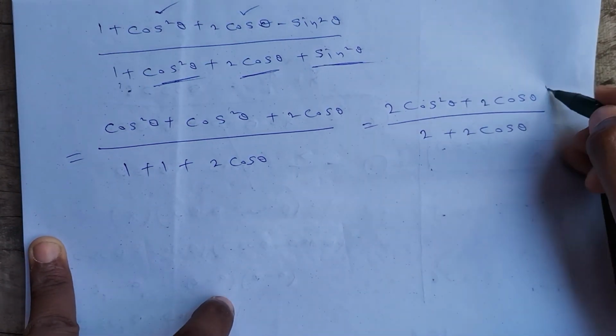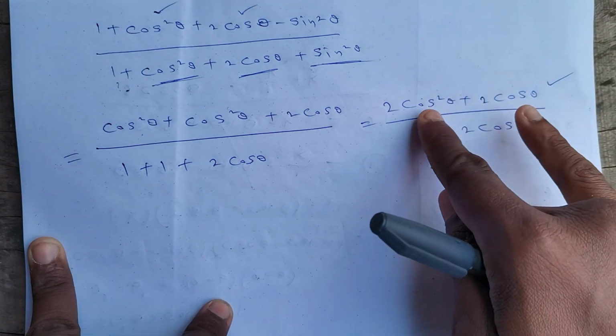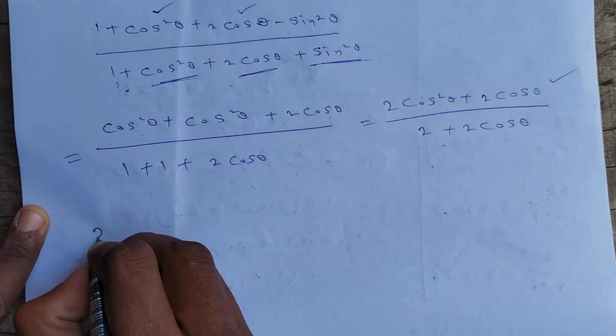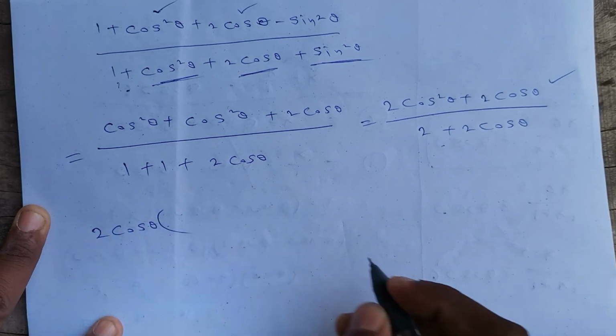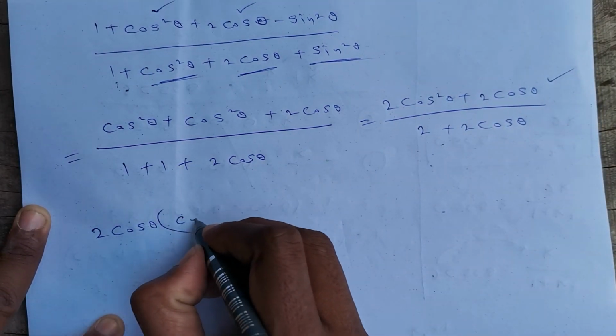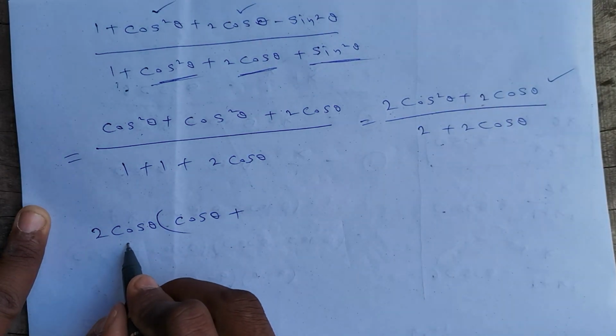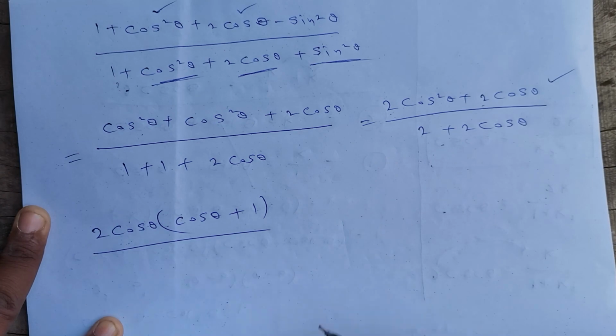Now in the numerator the first term is 2 cos square theta, and here 2 cos theta. So from these two terms I will take 2 cos theta common. Here 2 cos square theta is there, 2 cos theta is already taken out, so it remains with cos theta plus 1.